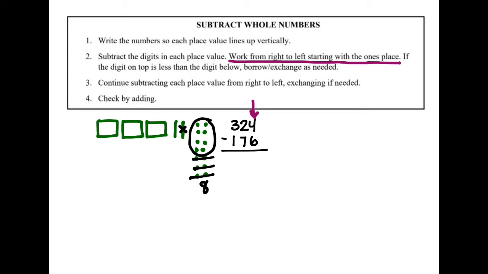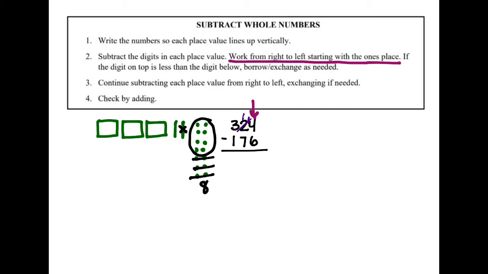Okay, now how does that look in our algorithm? Let me rewrite it. Okay, I can't take 6 from 4. So I'm going to take one of the 10s and break it into 1s. And to do that, we do what is called borrowing, right? So the 2 is now a 1, and we bring those 10 1s over next to the 4.